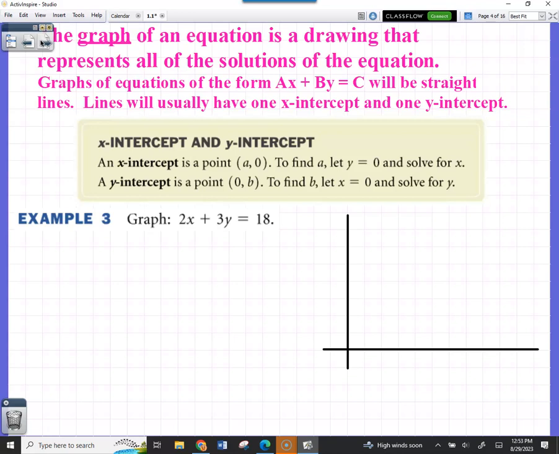See that pattern? Okay, so let's take some notes. We're going to graph by intercepts. Notice this is the exact same equation from the last slide. So if we're going to graph the x-intercept, that means it's of the form (x, 0), right?